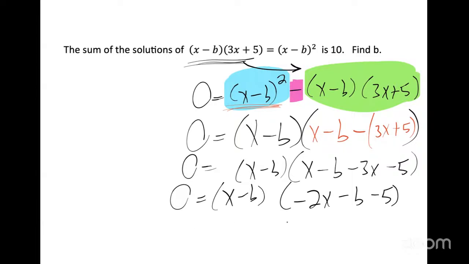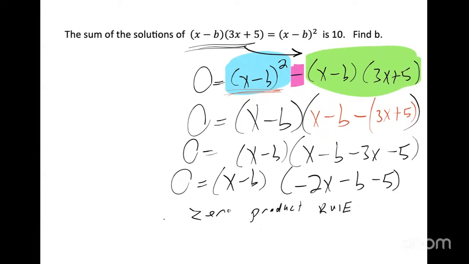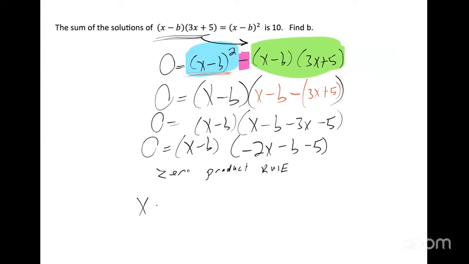And now we have our zero product rule, which says that if two things multiply out to 0, that could only happen if one of them actually was 0. So we'll take each piece and set it independently equal to 0. And we'll start solving for x, because the solutions are going to be the x.